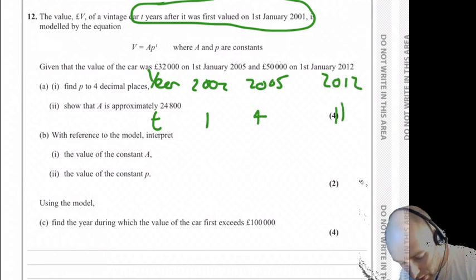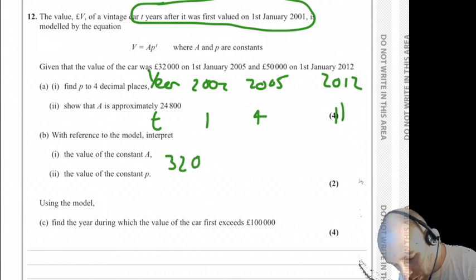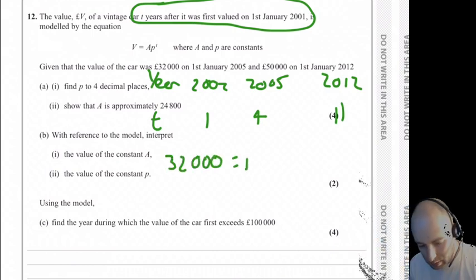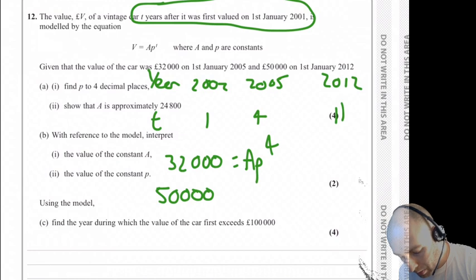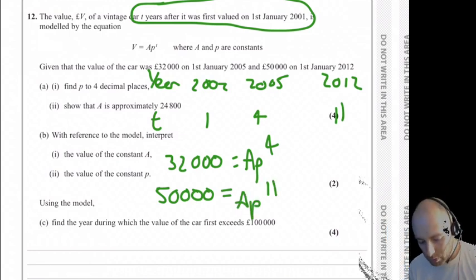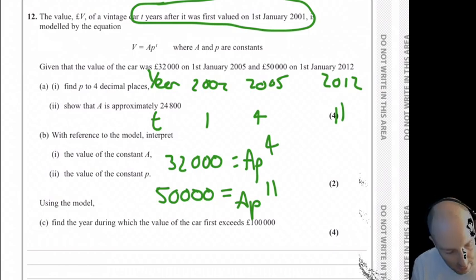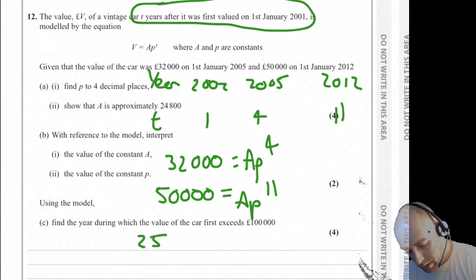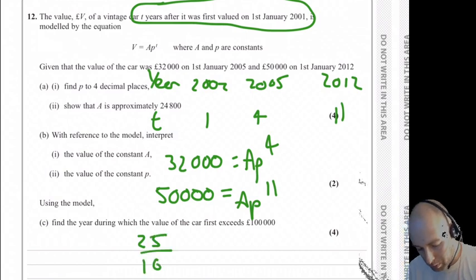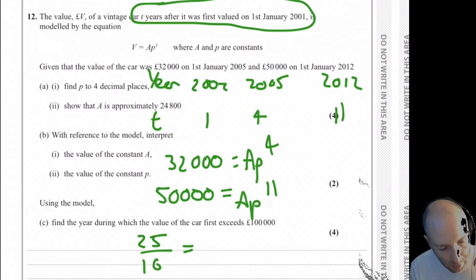So 32,000 equals a p to the power 4, and 50,000 equals a p to the power 11. If we divide those, we can find out what p is. So 50,000 divided by 32,000 is going to be 25 over 16. The a's will cancel. p to the 11 divided by p to the 4 will be p to the power 7.